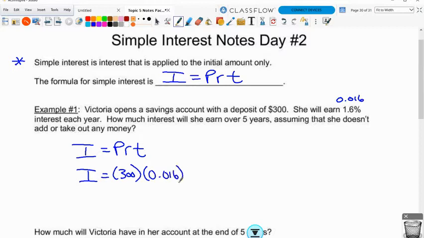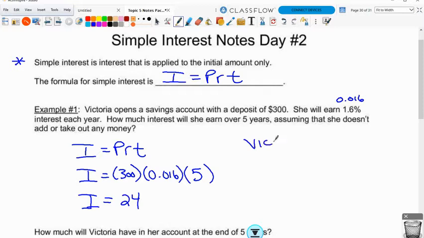And then T, your time in years. How much interest will she earn over 5 years? So we'll plug in 5 for the number of years. And so I is all alone on the left-hand side. To get its value, you need to multiply the 3 numbers on the right-hand side. 300 times 16 thousandths times 5. And when you do that, you're going to get a value of 24.